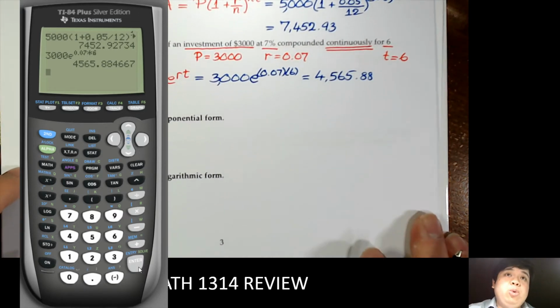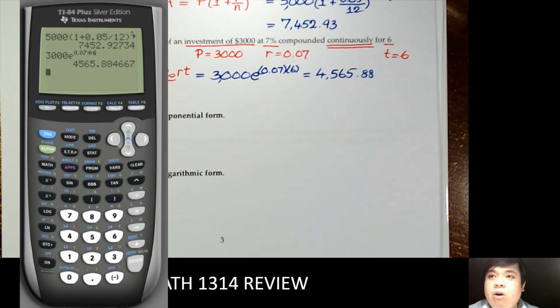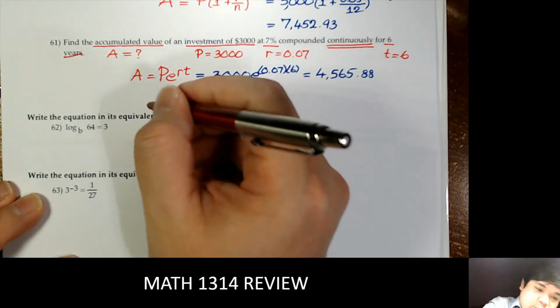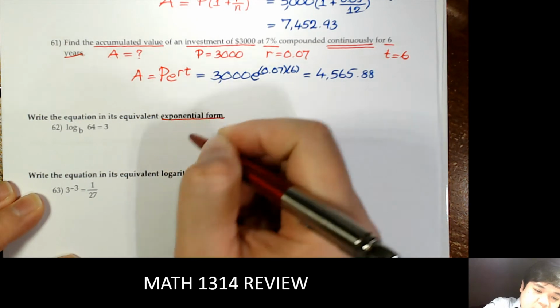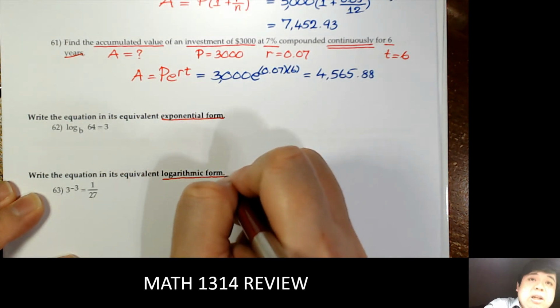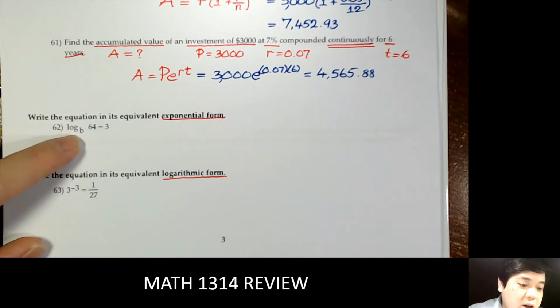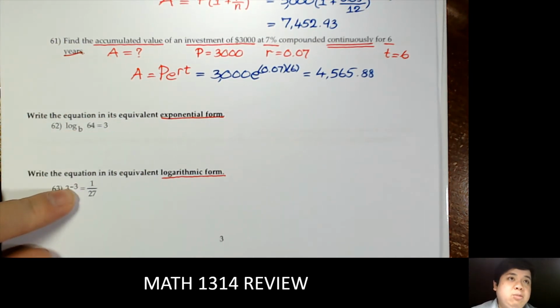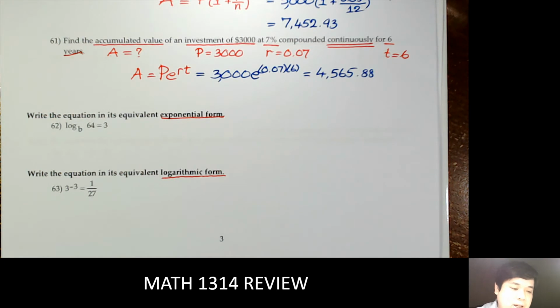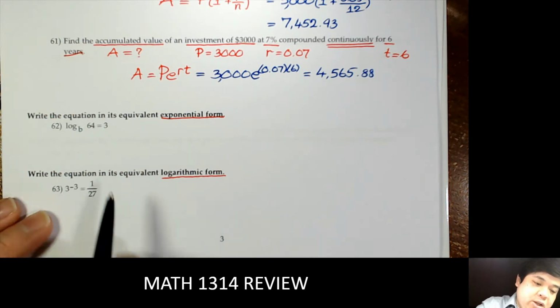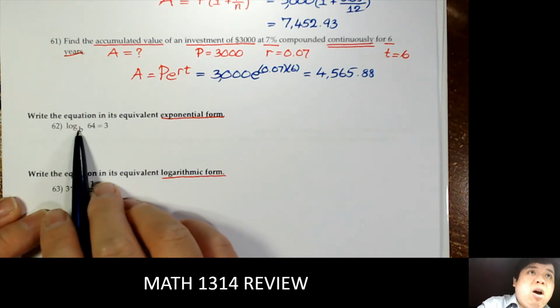Next, we'll convert between exponential form and logarithmic form. Whether exponential form or logarithmic form, we always need to find the base. The base in the log is in the subscript. The base in the exponent is on the same level as what we write. So this is in logarithmic form.